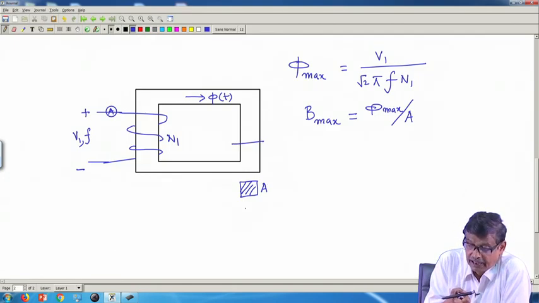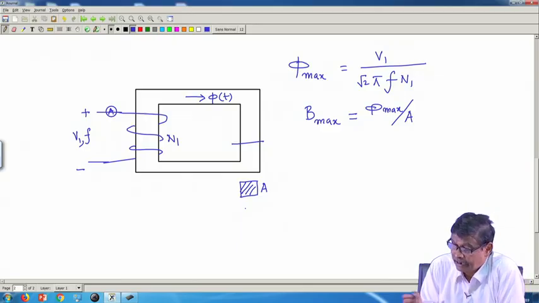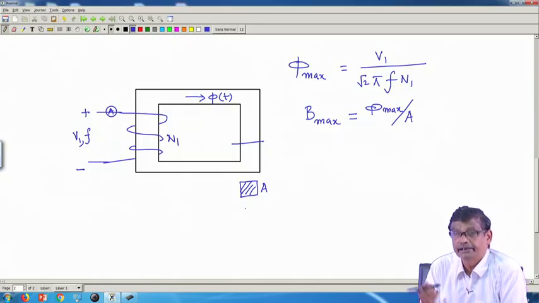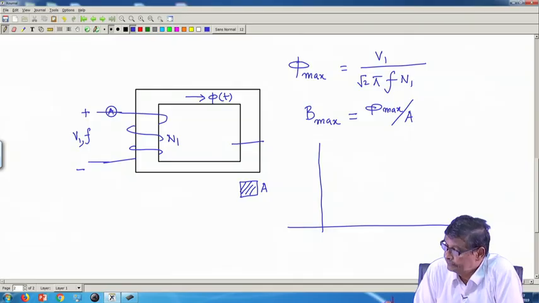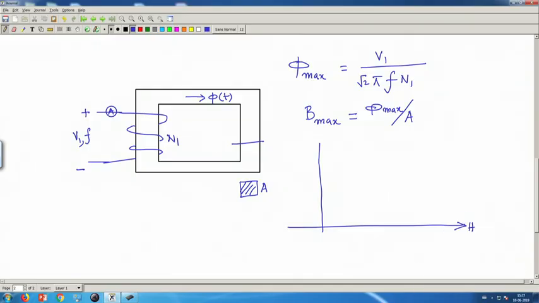Then I have to calculate the value of the current. I will ask what the BH characteristic of this material is. As you know, it remains linear, then it goes like this. This is the BH curve of the material.